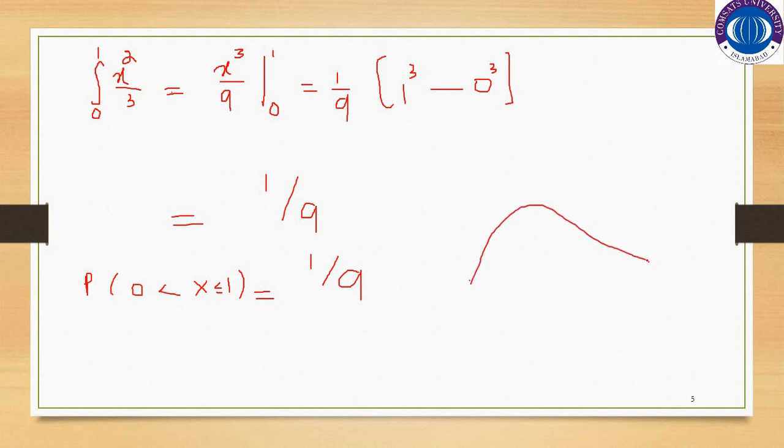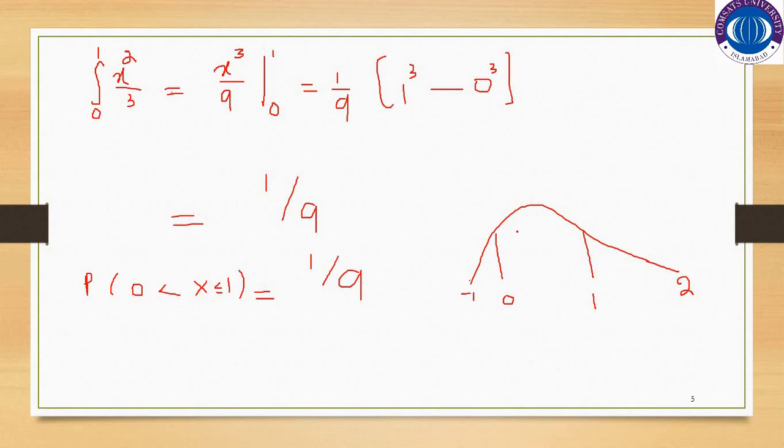of the curve. Let me assume x square by 3, and this is between minus 1 to 2. So what we are doing here, we are simply finding the area between 0 and 1.